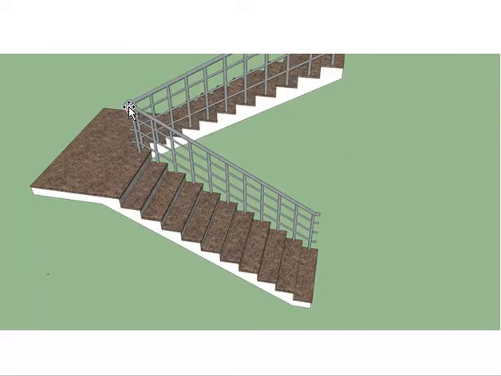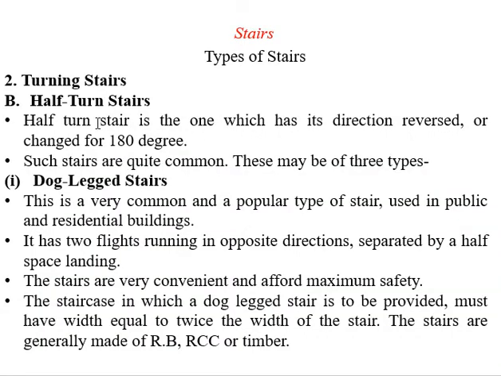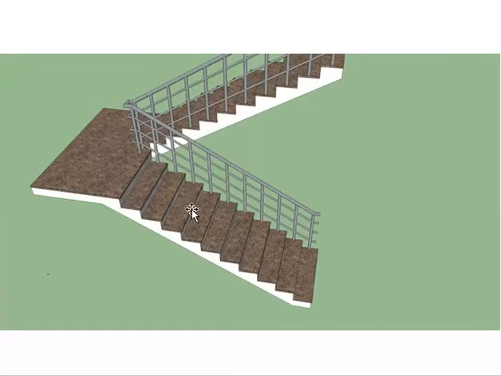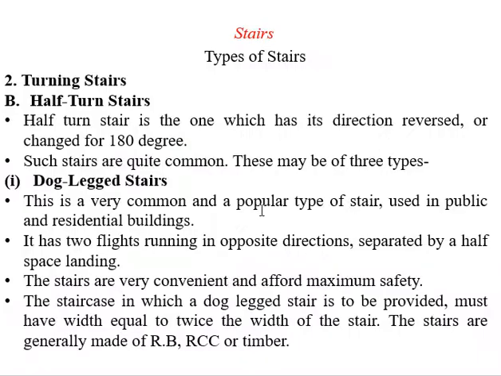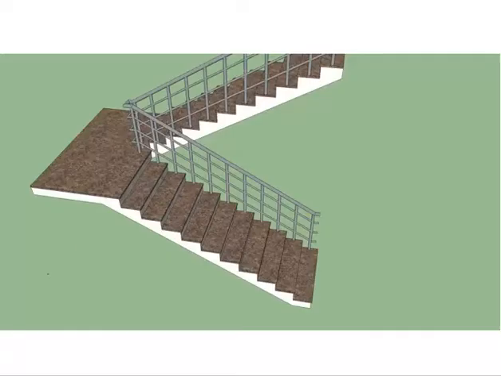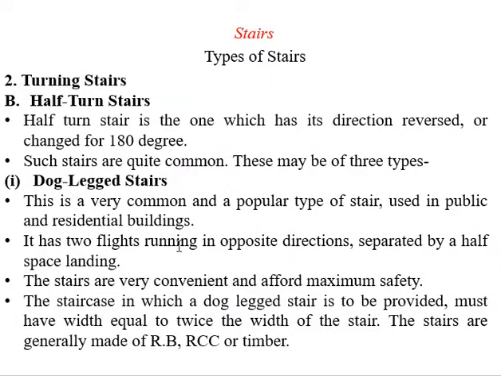The distance between both of these flights is negligible. Such a stair where you are taking a turn of 180 degrees, this is 90 and this is again 90, so 90 plus 90, 180 degrees. Here we have two flights, flight 1 and flight 2.